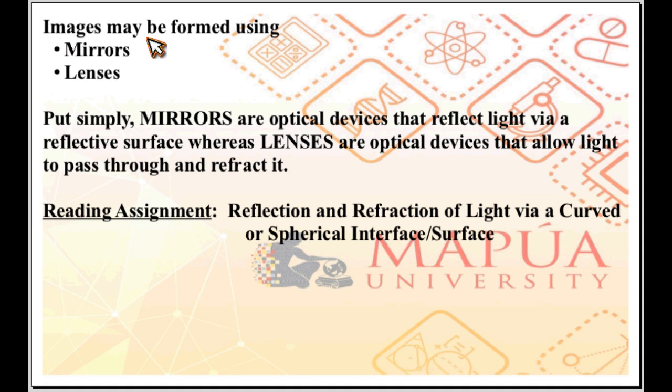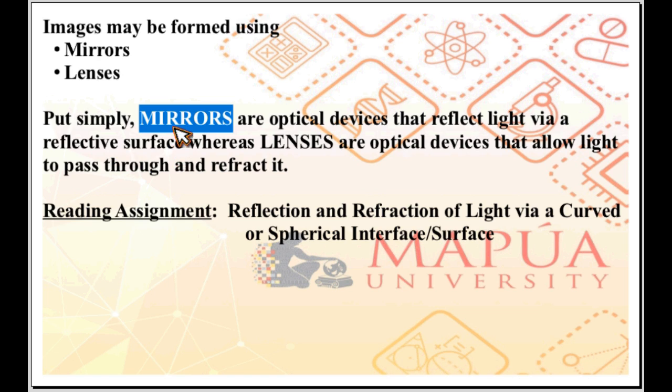Now, images may be formed using two types of optical devices. You have mirrors and you have lenses. Put simply, mirrors are optical devices that reflect light via a reflective surface.